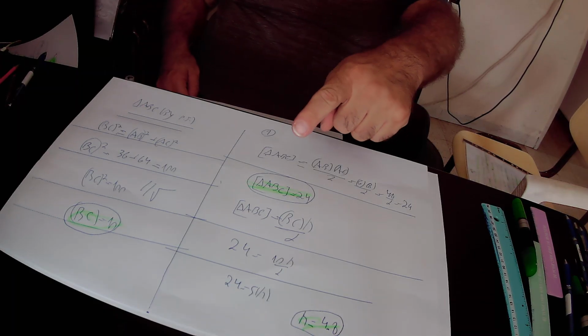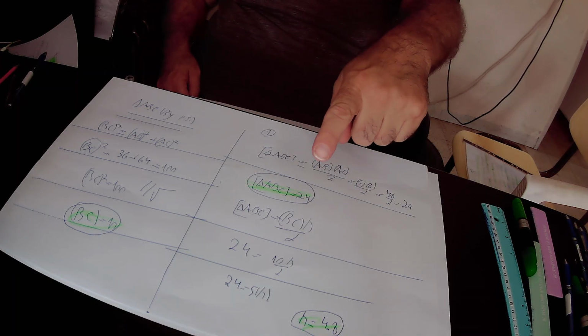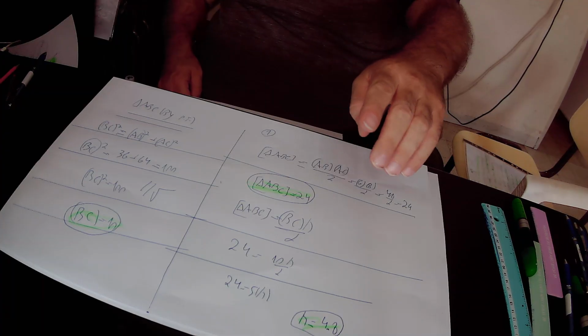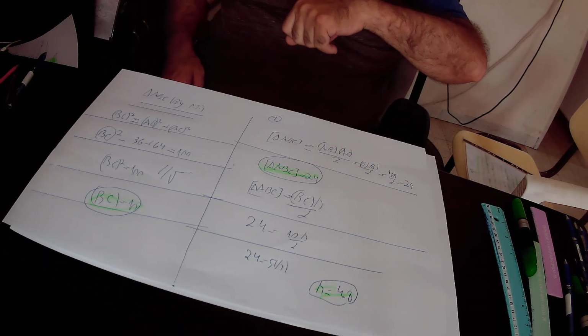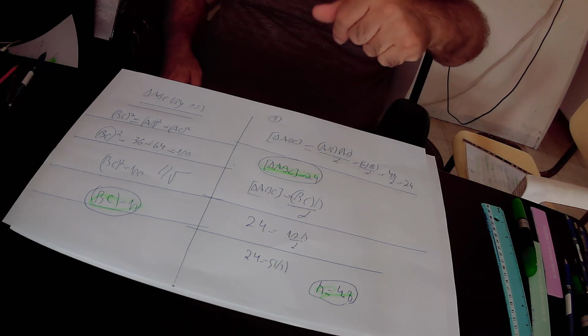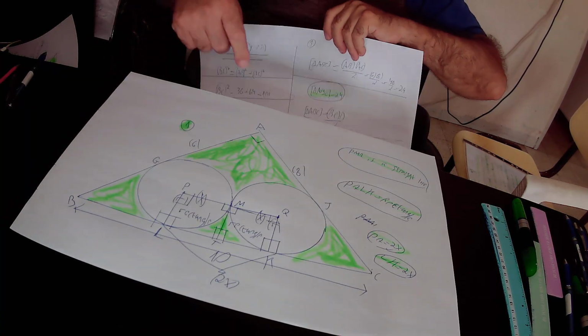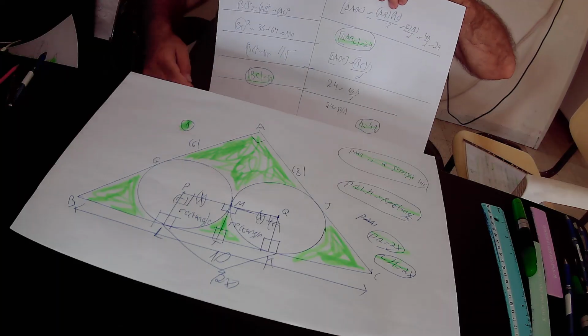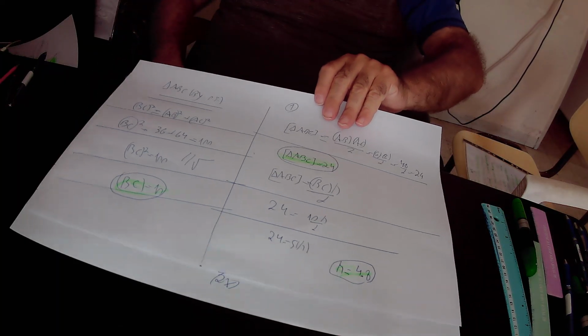The area is 24, so 24 equals BC, that is 10, times h over 2. 10 over 2 is 5, so 24 equals 5h. Here we divided this equation by 5 and found that the height h to the base BC equals 4.8 units.